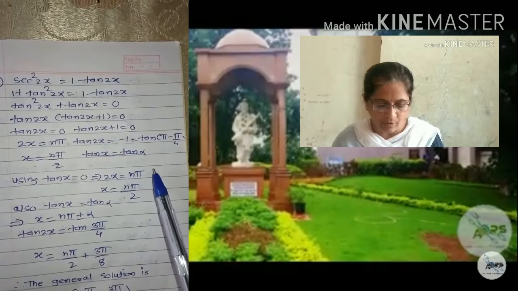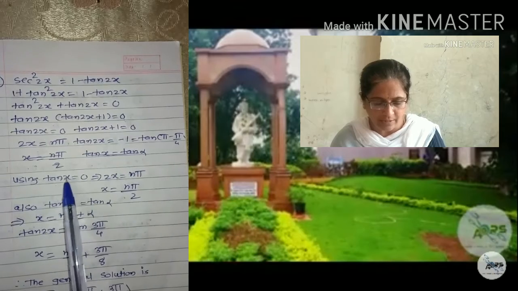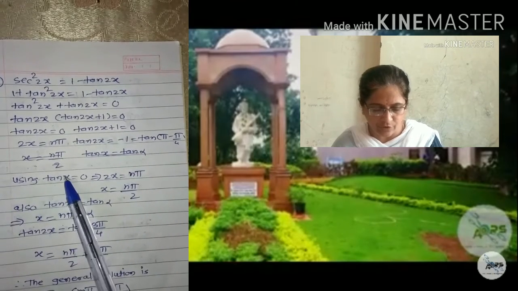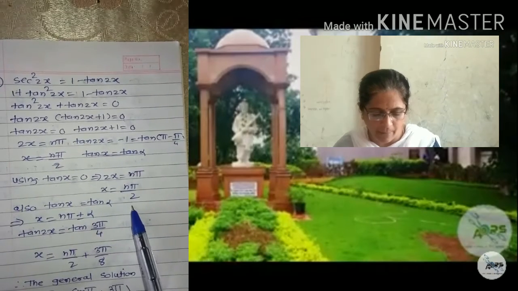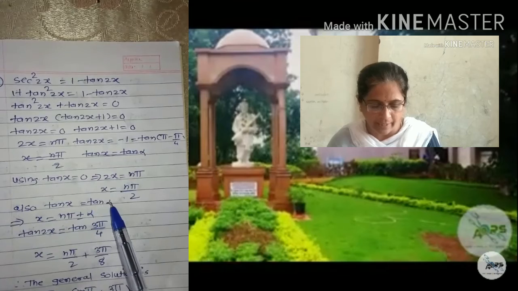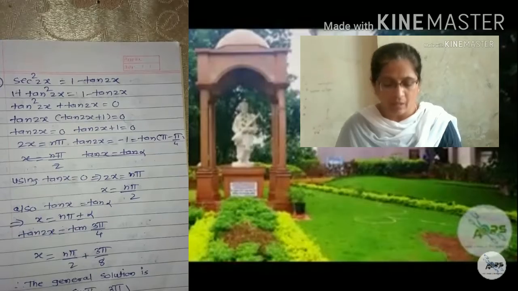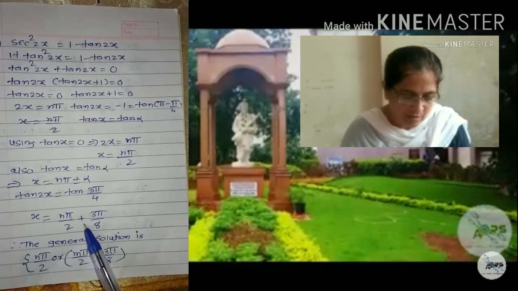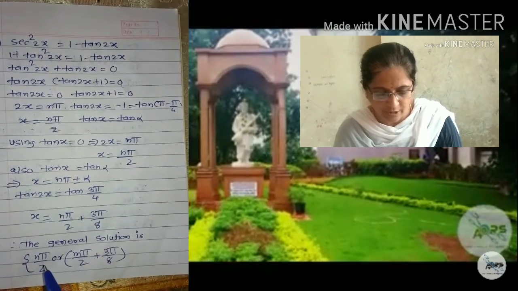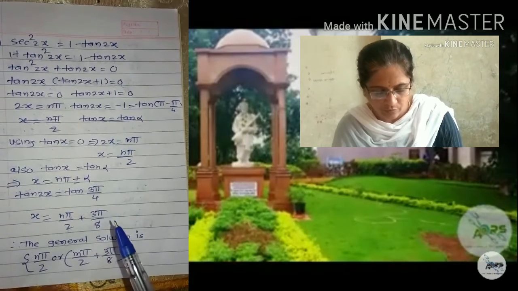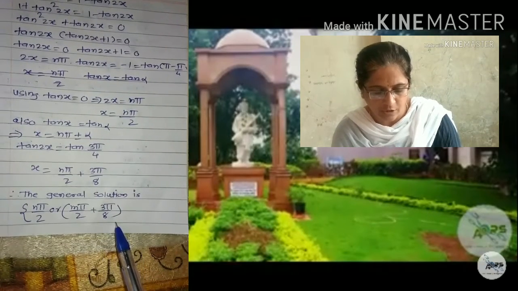So the value of alpha here is 3 pi by 4. Now here we use the formula tan 2x equal to 0, 2x equal to n pi, x equal to n pi by 2. Also tan 2x equal to tan alpha, where the value of alpha is 3 pi by 4. Therefore x equal to m pi by 2 plus 3 pi by 8. Therefore the general solution is n pi by 2 or m pi by 2 plus 3 pi by 8.